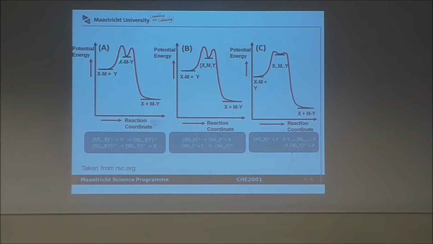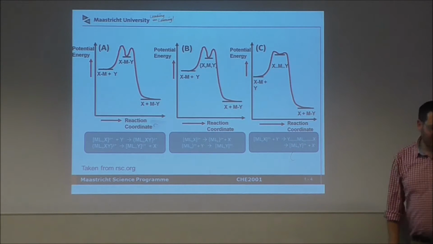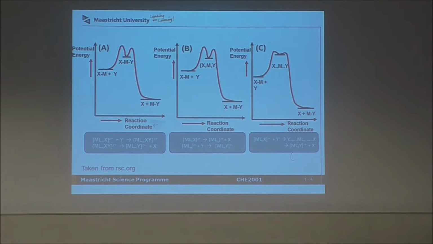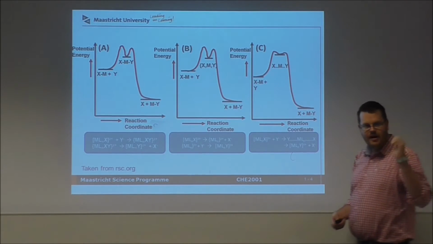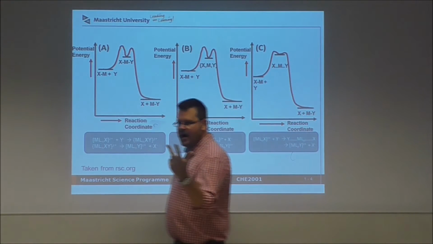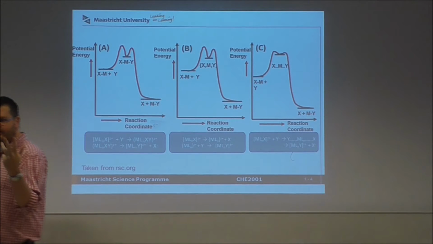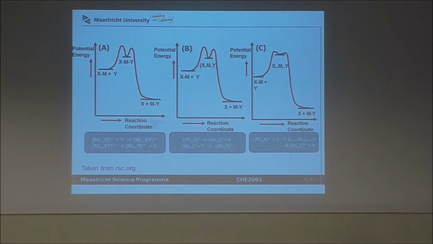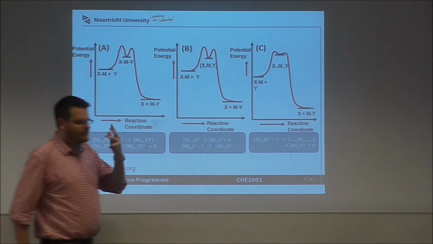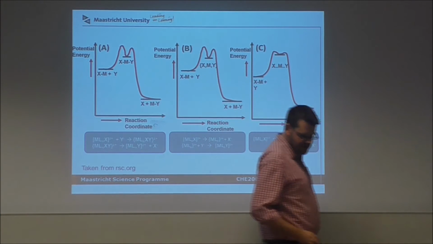So that minimum, if this is the complex, you can see the incoming ligand is Y, it's associating. This would be a dissociative process, and here we have the interchange mechanisms, and there are 2 types, IA and ID. All right, does everyone follow it so far? 4 mechanisms: associative, dissociative, IA, ID. A and D have intermediates, IA and ID don't. They're concerted one-step substitution mechanisms.